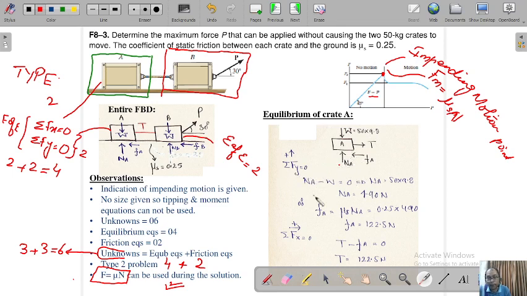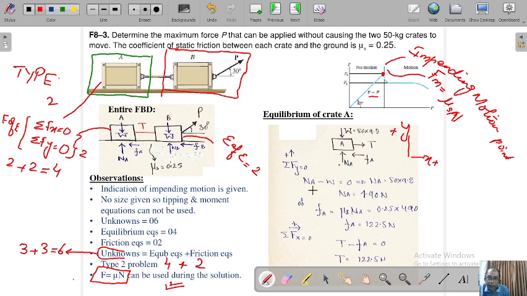This is Na, and the weight is acting in the negative y direction, because this is positive x and this is positive y.